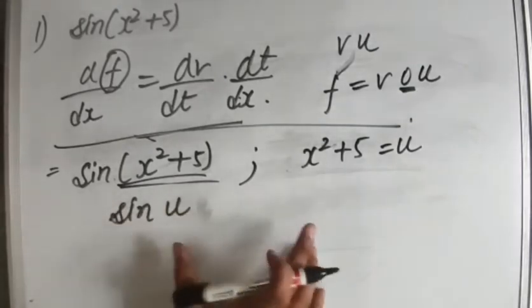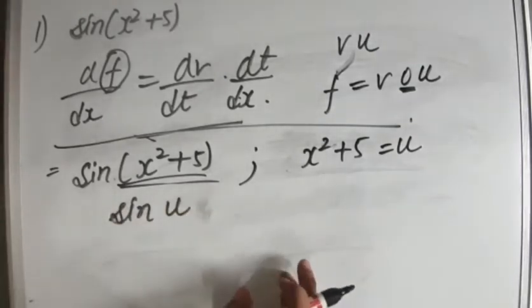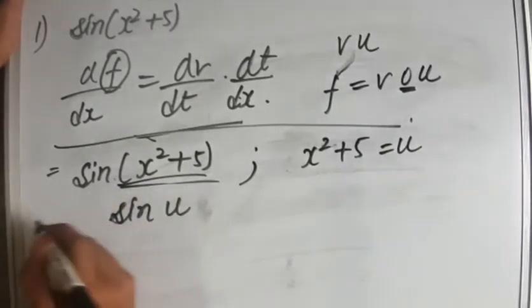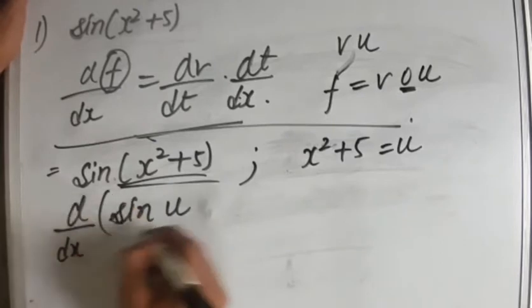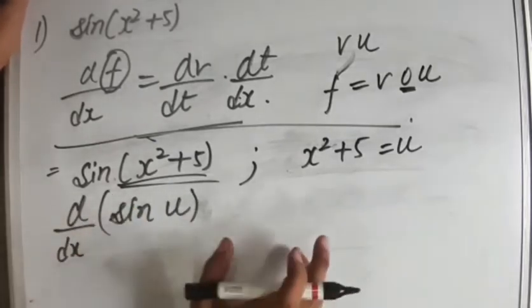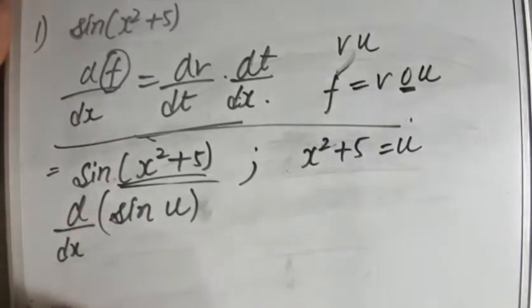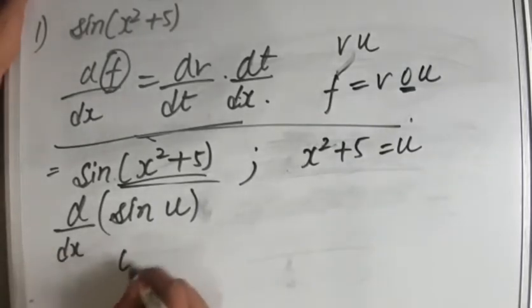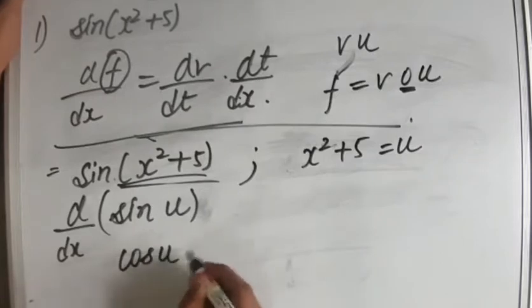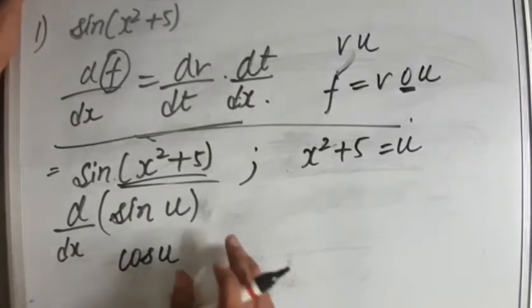sin u, we need to differentiate sin u, and you know the differentiation of sin u, d by dx. Don't forget to put d by dx here, because it shows that you are differentiating sin u, and if you don't put it, your marks will be deducted in the board exam. Okay, we have cos u du by dx.